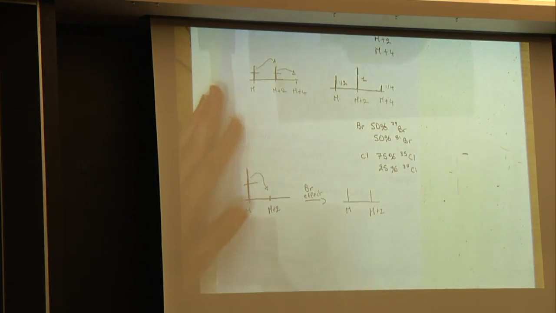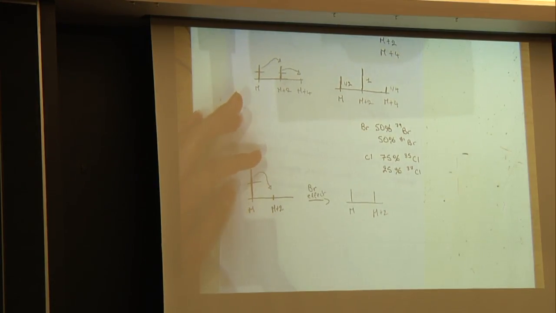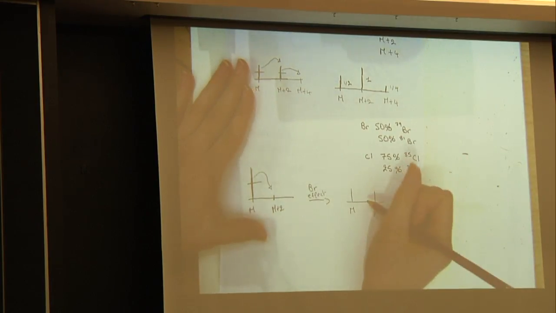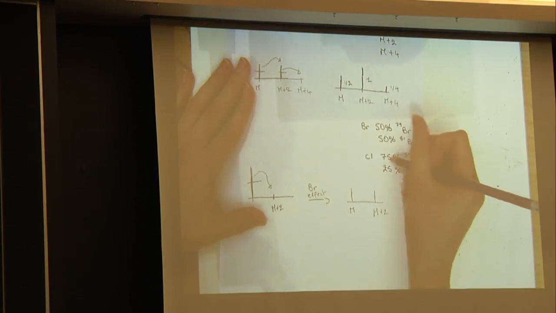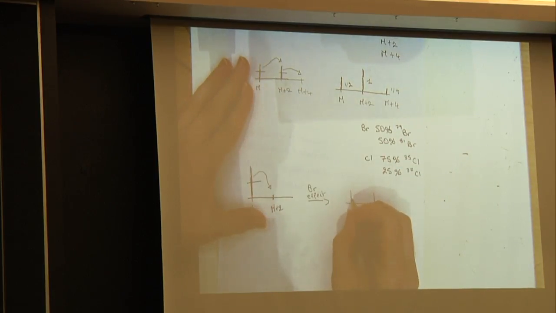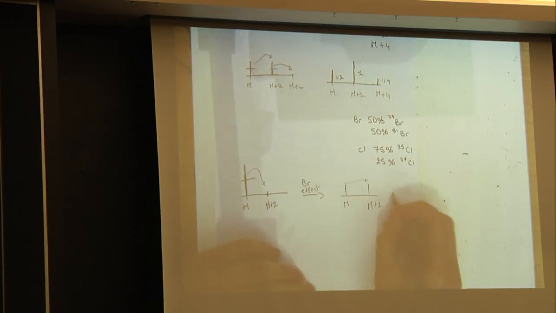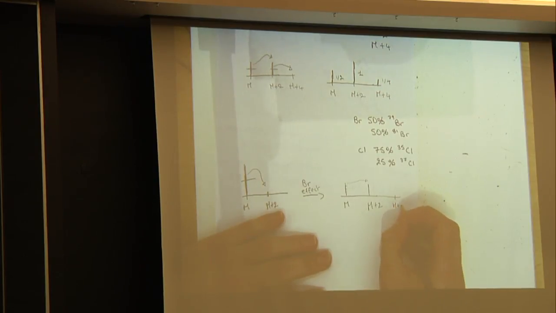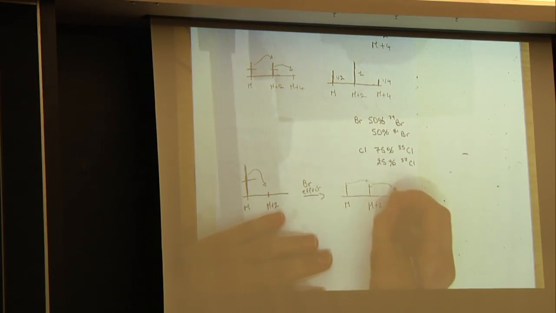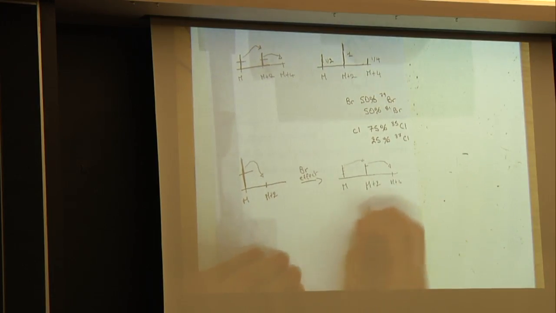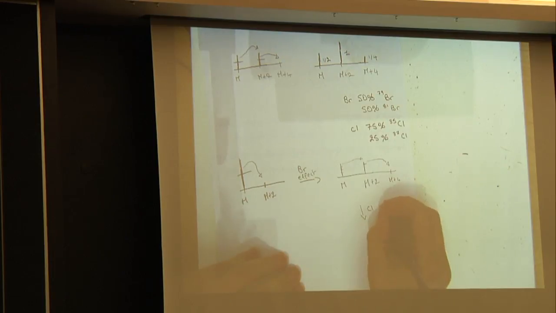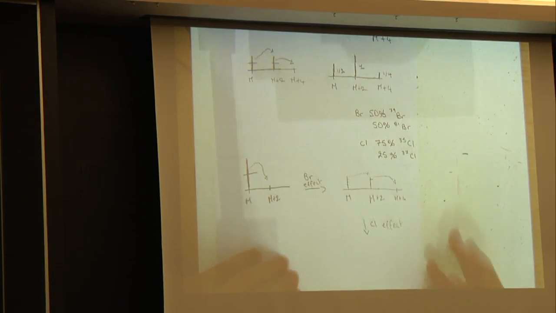Now, I have a chlorine here. So what is my chlorine going to do? It's going to shift my peak by 1/4 because I have a fourth relationship here. So if I divide this peak in 4 segments, 1, 2, 3, 4, I'm going to have 1/4 move here, and then I'm going to have 1/4 moving at M+4. And that's the chlorine effect. It shifts by 1/4.